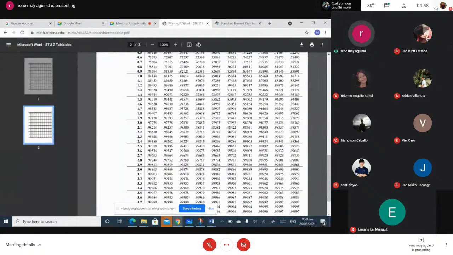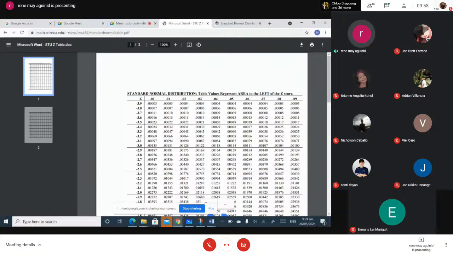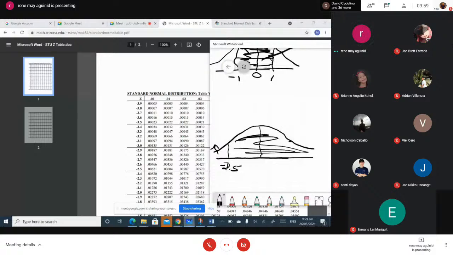So kung kani imong gamiton and pila to -2.5 atong kuhaon. So ang -2.5 nga value is actually 0.0062. Okay, kung 0.0062 na siya, 0.0062 intended for -2.5.